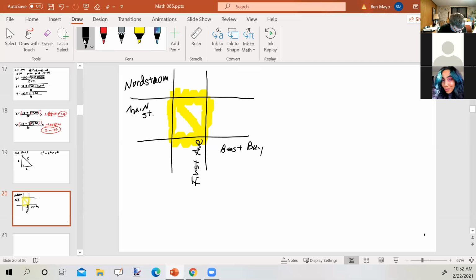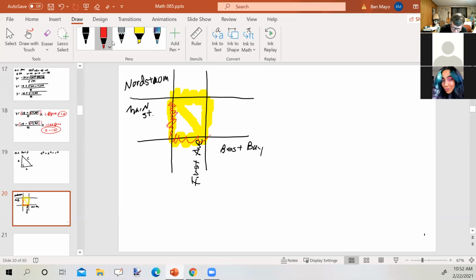Now, refer to the illustration below. Instead of using the Main Street and First Avenue crosswalks, in other words, instead of going here and then here to get from Nordstrom to Best Buy, a shopper uses the diagonal crosswalk to walk 97 feet directly from one corner to the other.